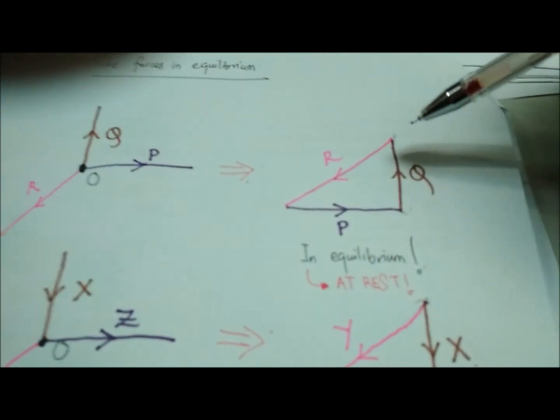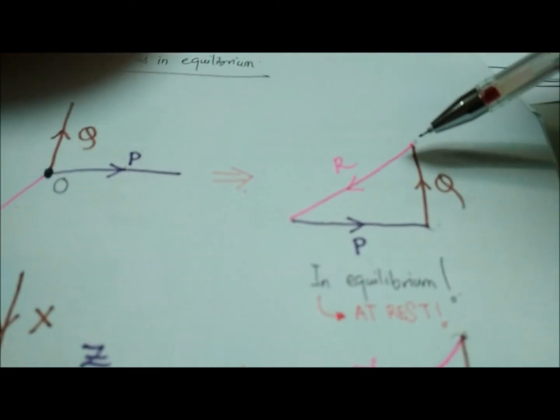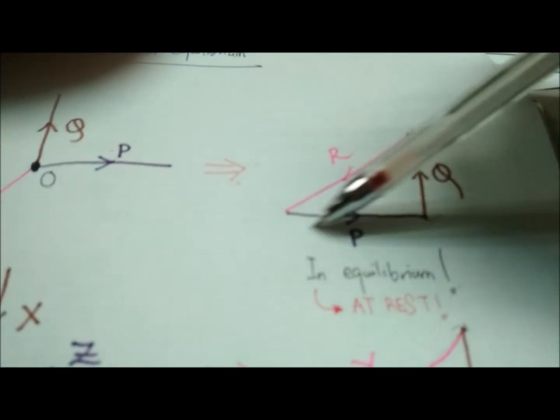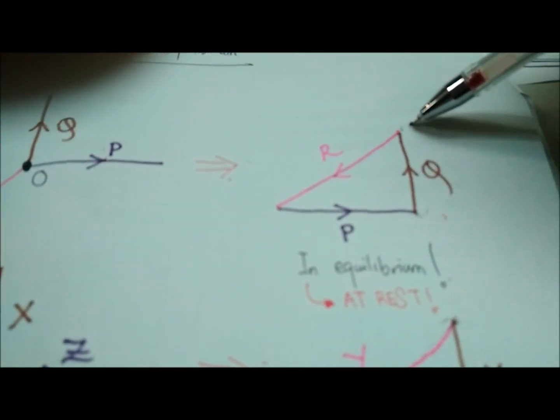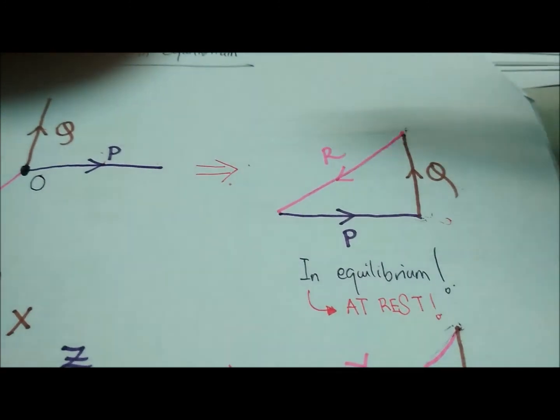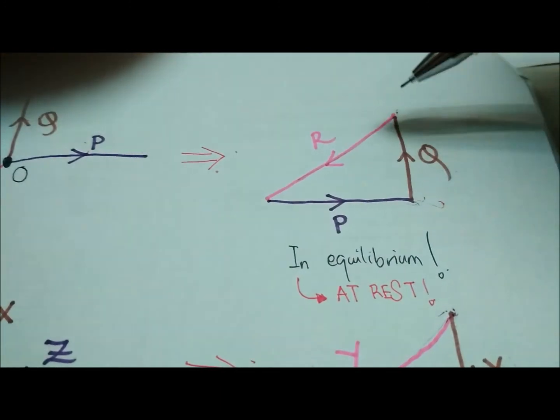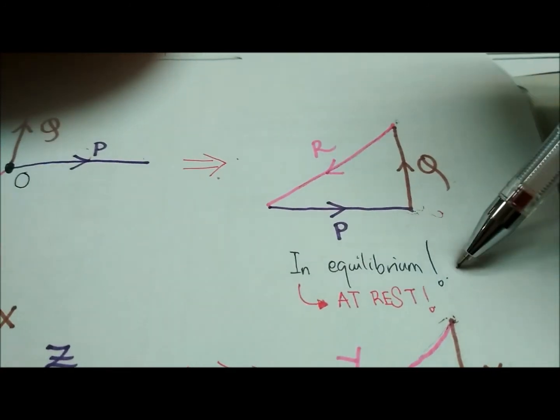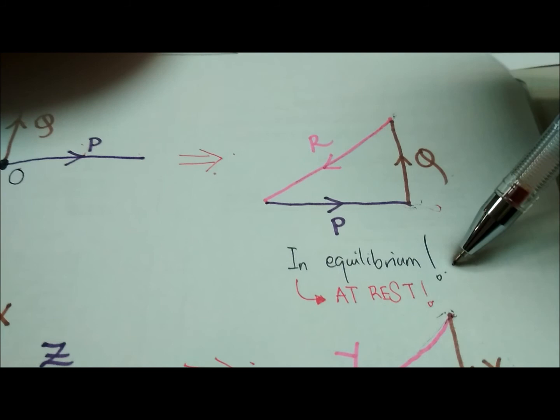If the direction of the triangle is moving in one direction, like R going this way, P going this way, Q going this way, it means that the object is in equilibrium. If the object is in equilibrium, it means that it is at rest.